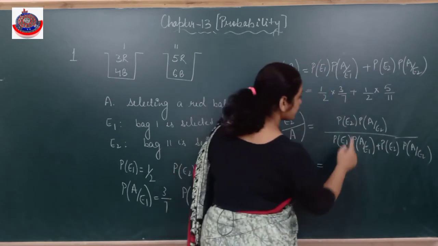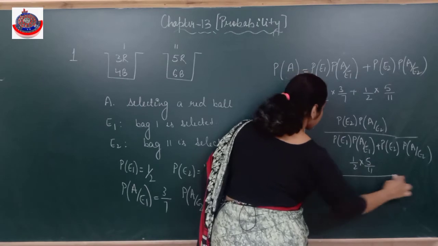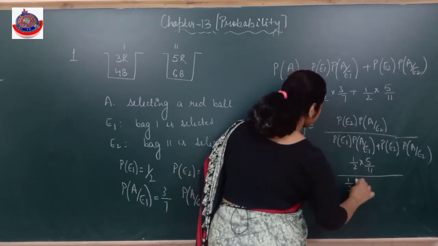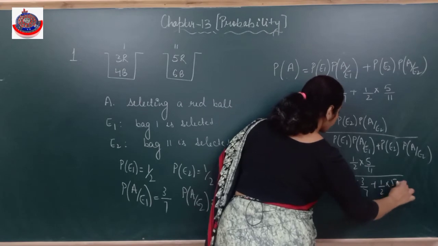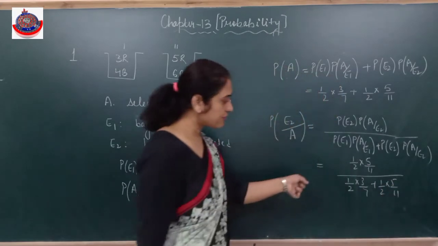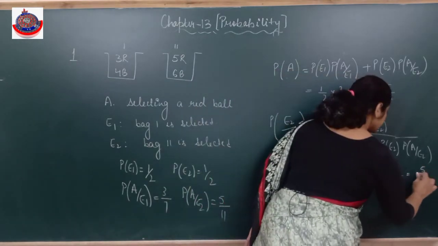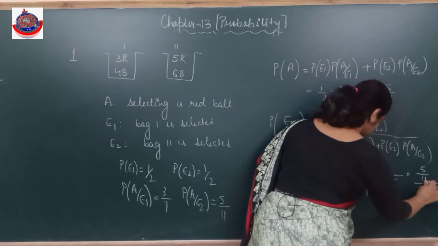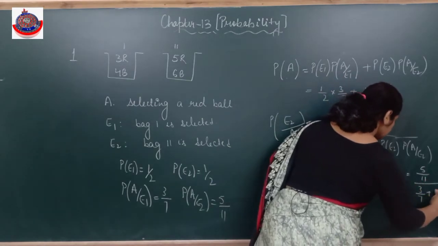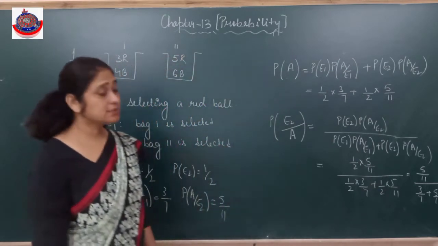Put the values. I can take 1/2 common from the denominator and I'll cancel. Add and find out the answer.